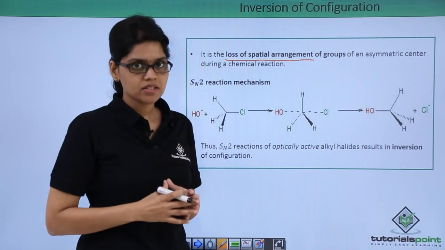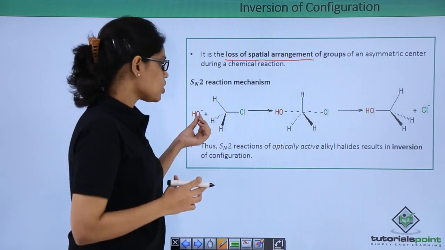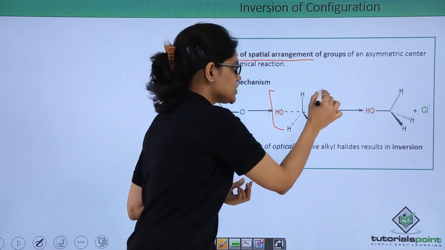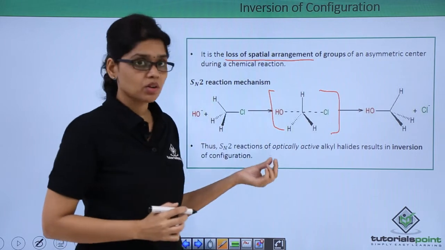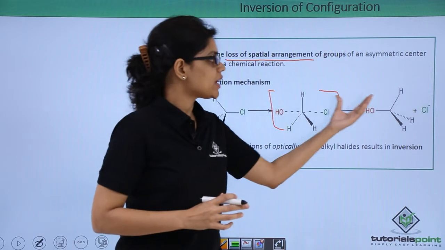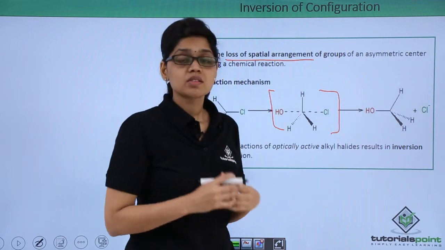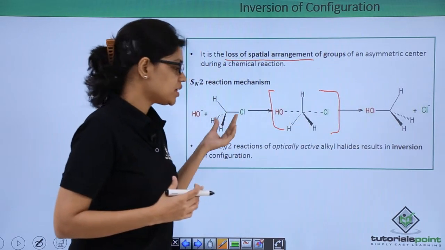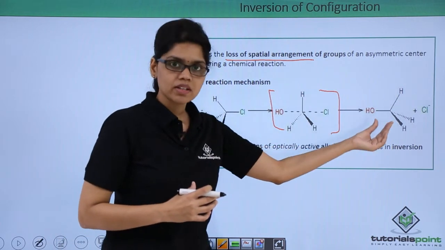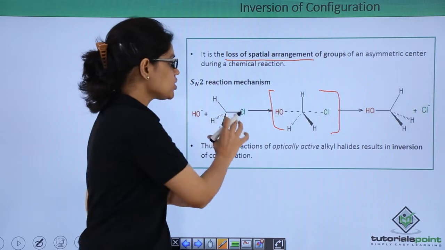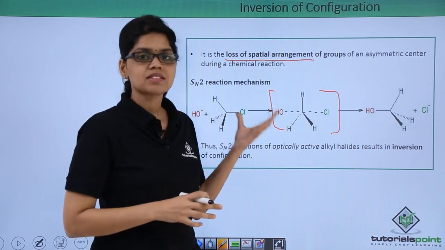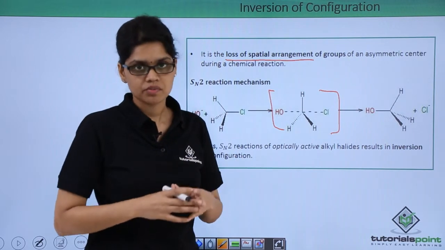In SN2 reaction, a strong nucleophile attacks an alkyl halide, giving a transition state which is highly unstable because here the carbon has now 5 bonds attached to it, and giving a final product as shown here. If you look at the final product and compare it with the starting reactant, you can easily see that the configuration of the product is inverted with respect to the configuration of the reactant, such that the SN2 mechanism is a typical example of inversion of configuration.